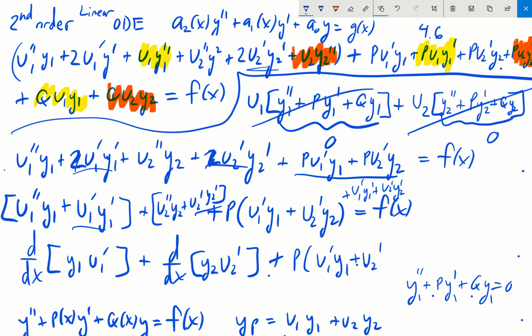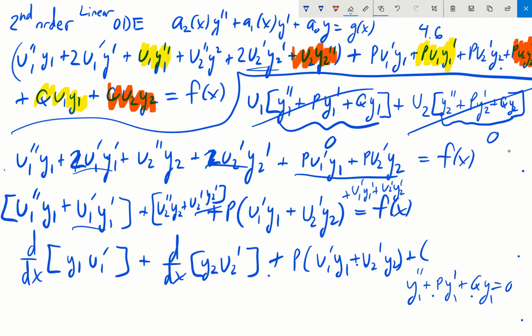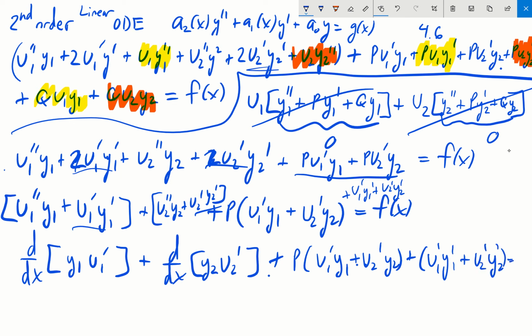We have u2, y2, u2 prime, y2, plus these two extra terms, and we're just going to group those together. So I mistakenly tried to say that those twos were not there. They were there, but I wanted to peel one of each off so I can make that total derivative we have on the left-hand side. So we have an extra u1 y1 prime plus a u2 y2 prime, and this is supposed to be equal to f of x.